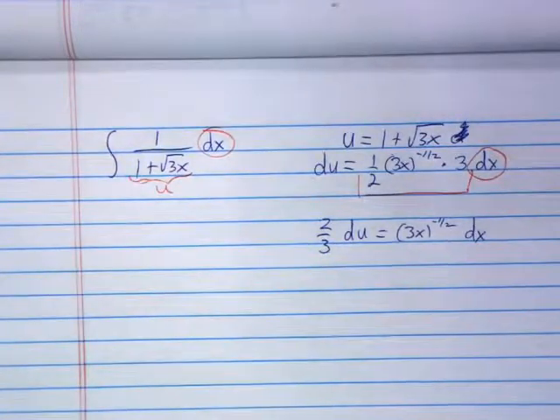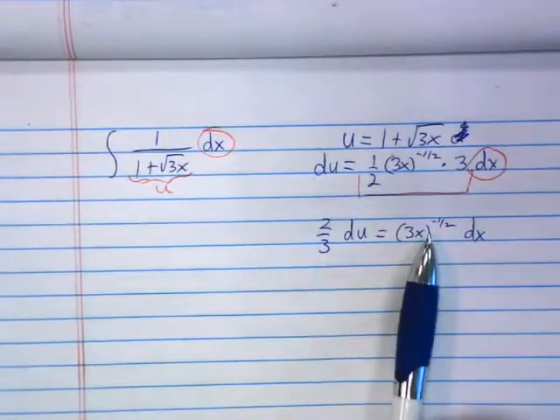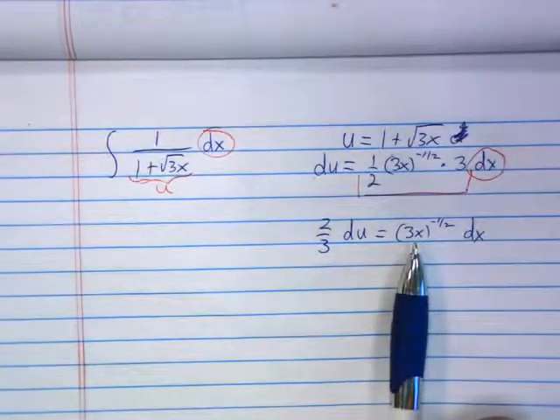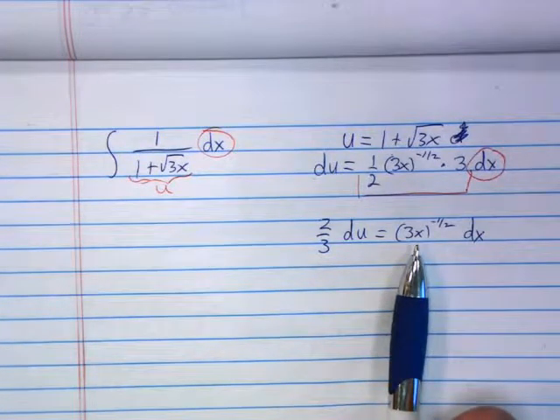All right, so all I did in one step there is I got rid of the 3/2 by multiplying both sides by 2/3. I want to get this over to the other side. What do I do with that? I could divide it on both sides. So how do I divide by 3x to the negative 1/2? What does a negative power do? Puts it on bottom.